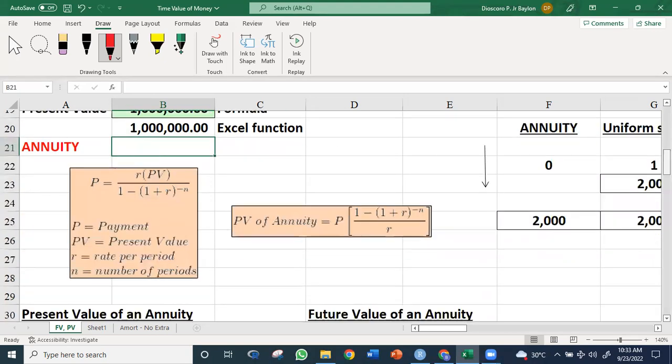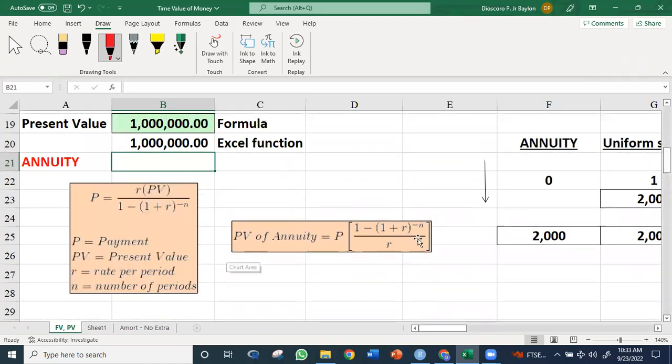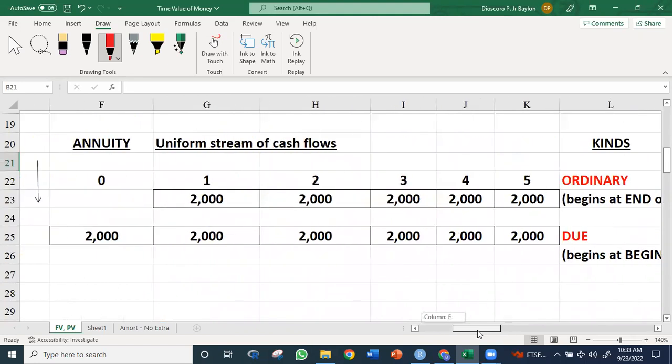Okay, next. So we have the annuity. What is an annuity? As discussed a while ago, an annuity is a uniform stream of cash flows. You can see here an annuity of 2000. It begins at year 1: 2000, 2000, 2000, 2000, 2000. The cash flow should be uniform.